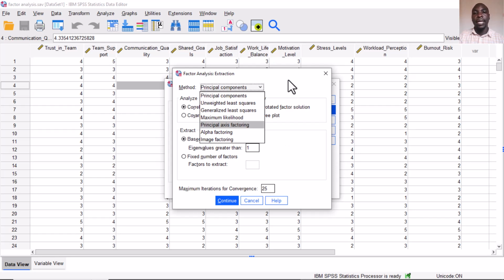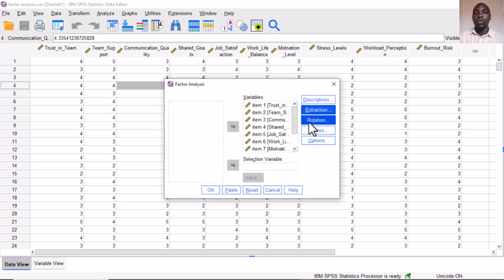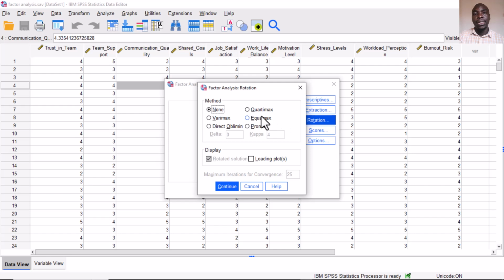But before we head there, I want us to first go to rotation, because these two methods move hand in hand. We extract and you rotate, because the method of rotation also depends on the method of extraction. So under rotation, we have got here several methods as well, but broadly categorized into two.